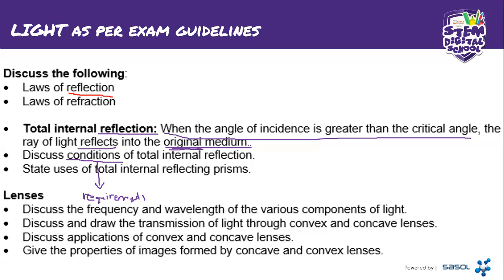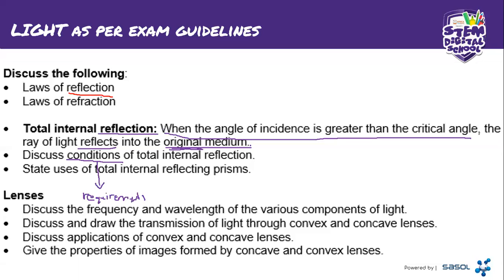In other words, the possibility of total internal reflection becomes available when the light ray is moving, for example, from water to air. Because from water to air means that it's from a more optically dense medium to a less optically dense medium.